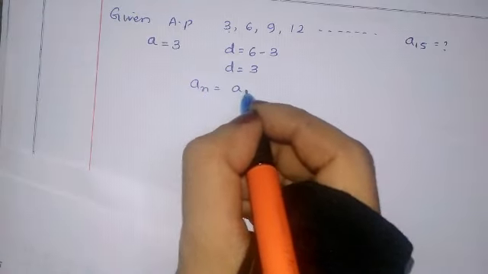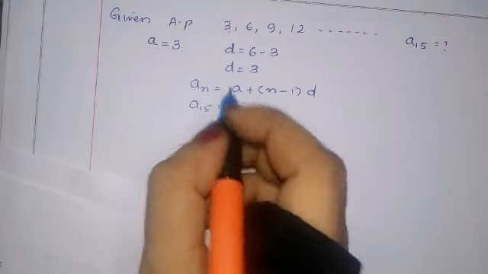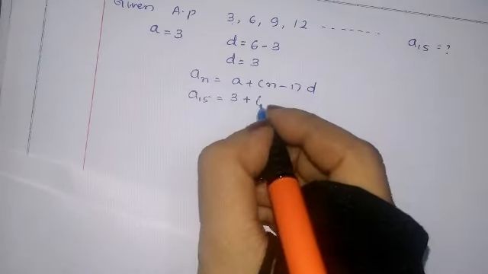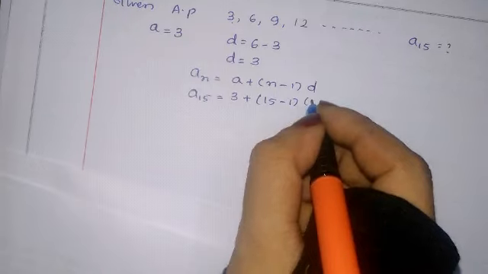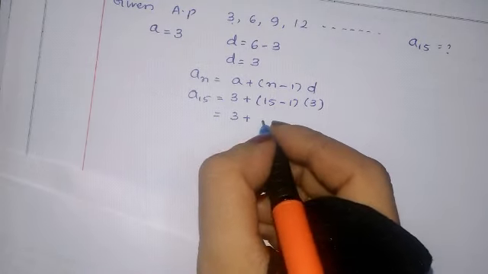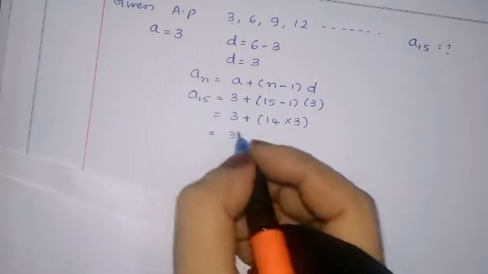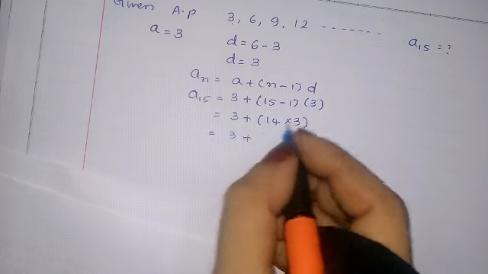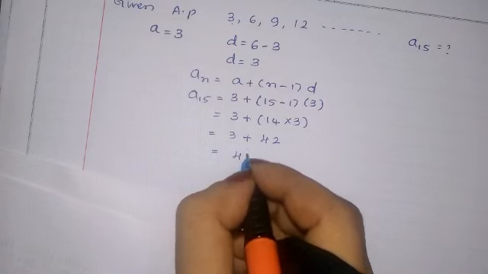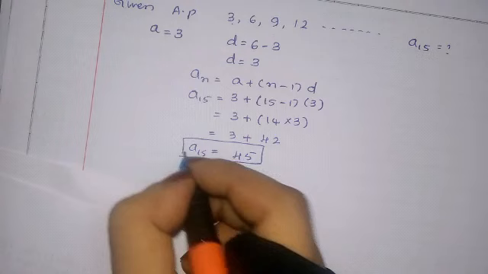We know that a, the first term, is 3, and d is the second term minus the first term, 6 minus 3, which is 3. An is equal to a plus n minus 1 into d. A15 is equal to a value 3 plus 15 minus 1 into d value 3. So 3 plus 14 into 3. 14 3s are 42. 42 plus 3 is 45. So the A15 we got is 45.